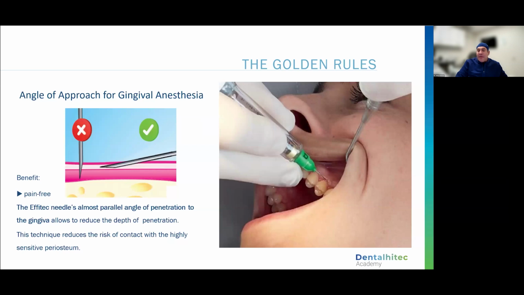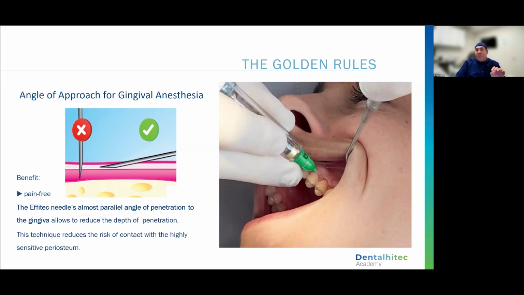If you find that you are having pain on just the very first step, when we're numbing that papillary triangle, you may be coming in at too steep of an angle. The whole point of this needle and having the D facing out is we want to inject with that flat side as close as we can to the periosteum without actually touching it. That's why that initial angulation is so key. We're coming in about 15 degrees.